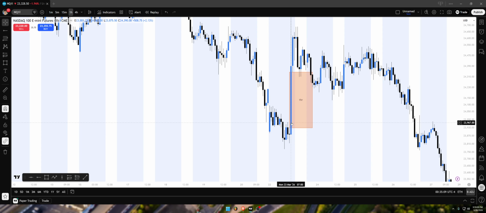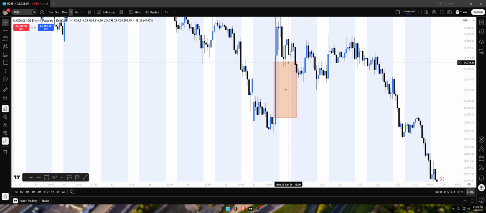The second candle body is this big one right here, this Trump candle. And then the third candlestick did not rebalance this bullish price area, right? So we continued bullish. So that's what a fair value gap is.